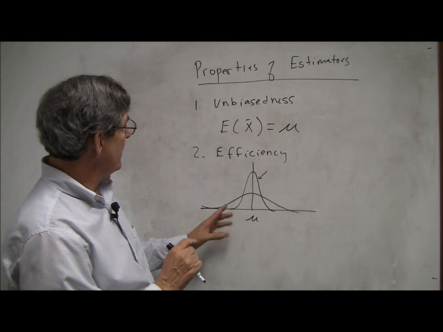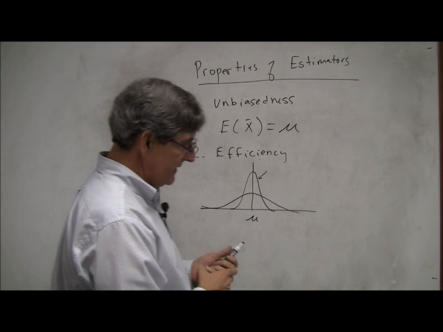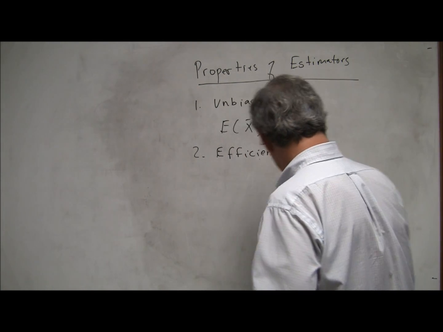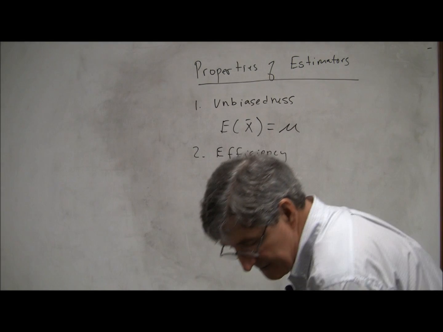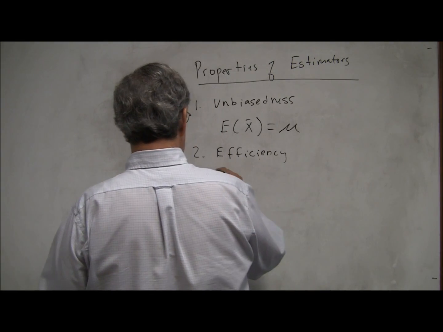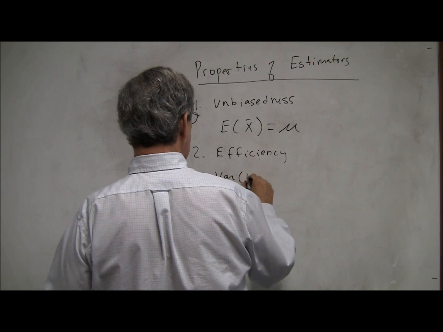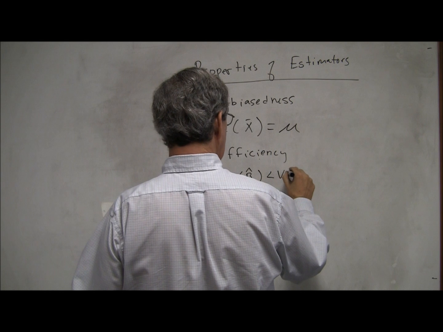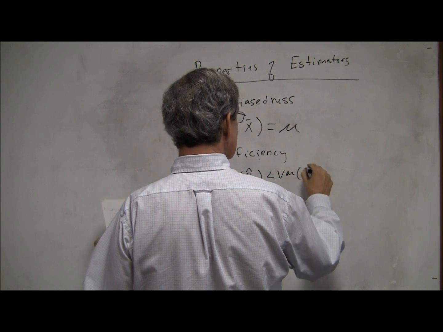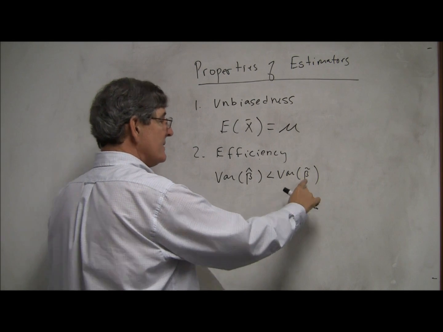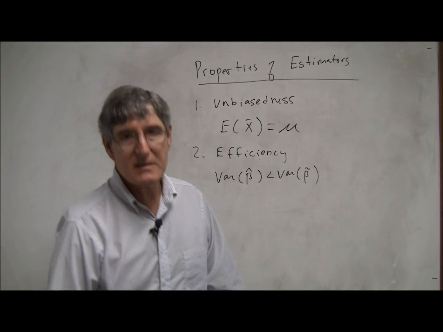So the formal definition of efficiency is that the variance of beta hat is less than the variance of beta tilde. This is one estimator. This is another estimator. For the mean, I could also estimate the mean.